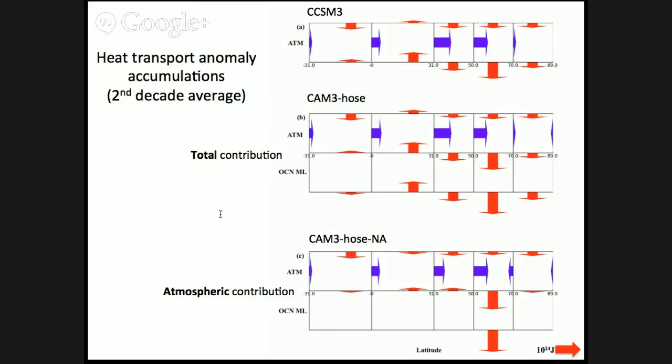The energy is transported upward, even up to the top of the atmosphere, and induces northward heat transport by the atmosphere in the mid latitude here and downward here. So there's kind of an oceanic induced circulation here.